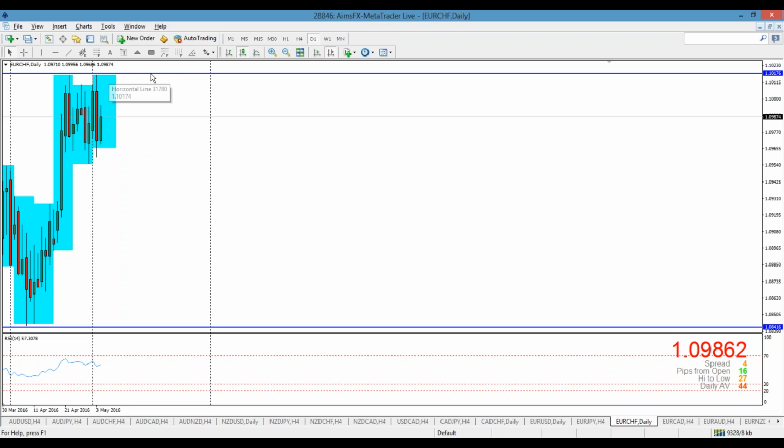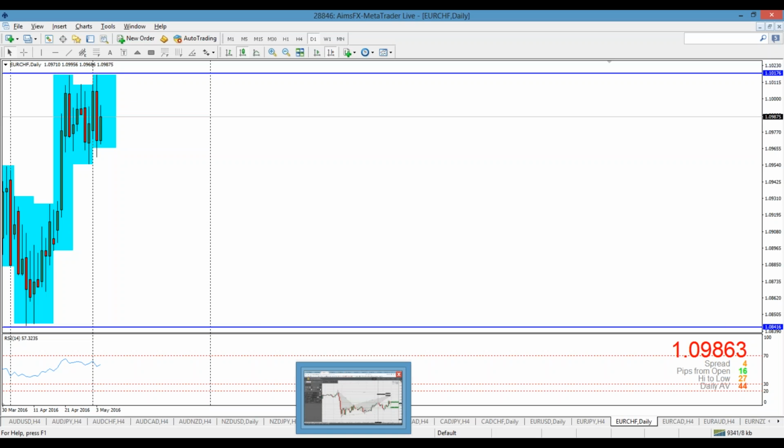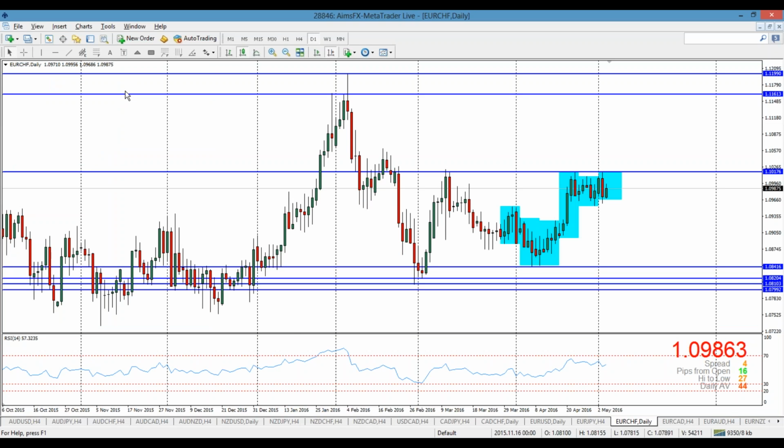The high is 1.1015. I wouldn't simply short it at that level, but because there is a pattern coming up, there is the April high, there is a May high, this might be a very big move to the downside.